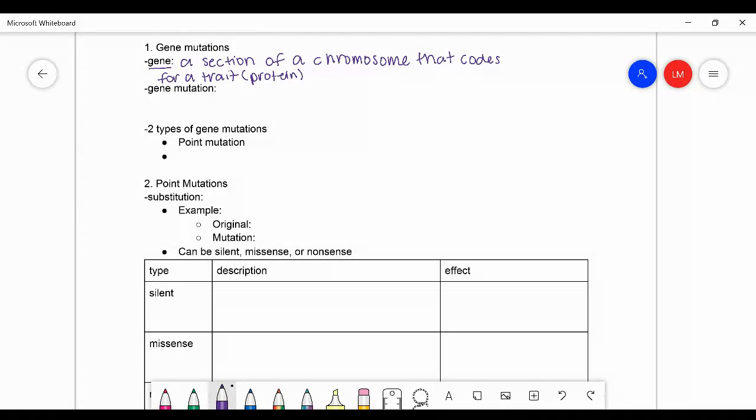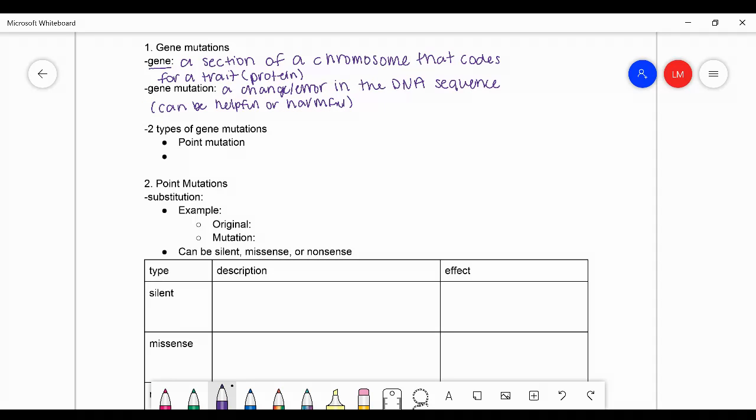When we use the term gene mutation, what we mean is that there is a change or error in the DNA sequence. And these mutations can be helpful or harmful.